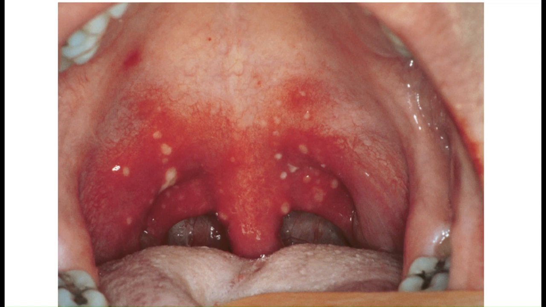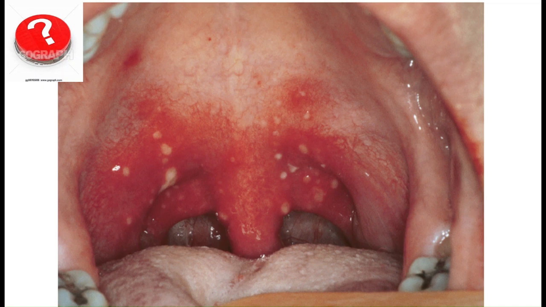This is a closer look at the posterior part of the mouth, where you can see a close view of the soft palate, which has the typical signs of inflammation. You have redness, you have dilated blood vessels if you look very closely, especially at the sides of the soft palate, and you can see whitish spots. These are collections of pus as a result of inflammation.